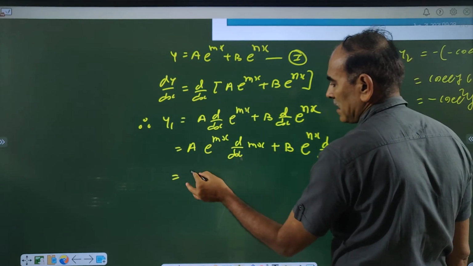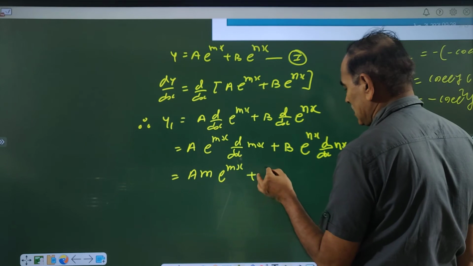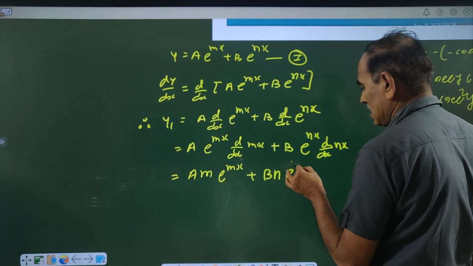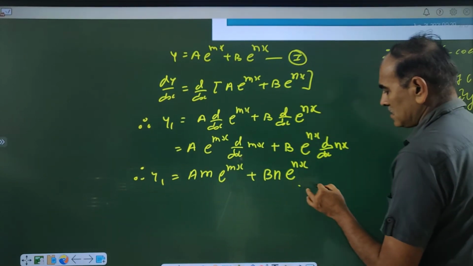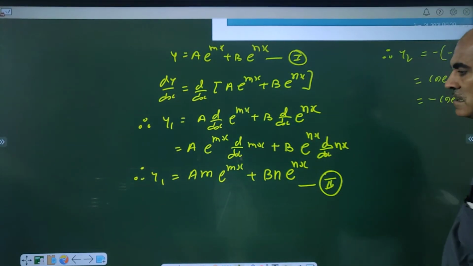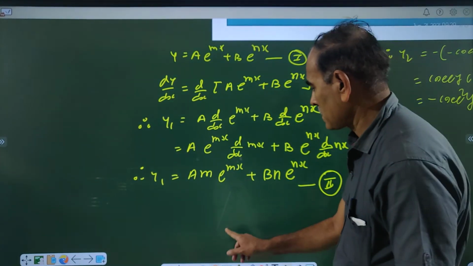What is mx's derivative? m. So am e raised to mx plus bn e raised to nx, and that is our y1. Say result number 2.